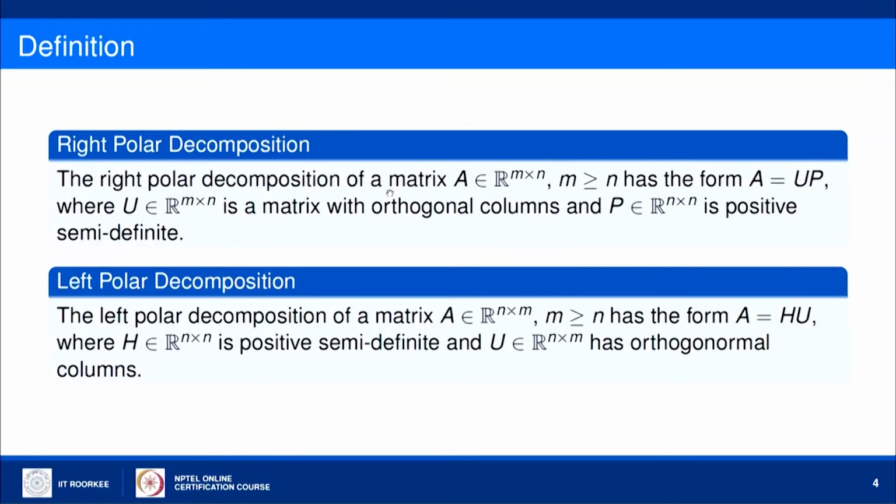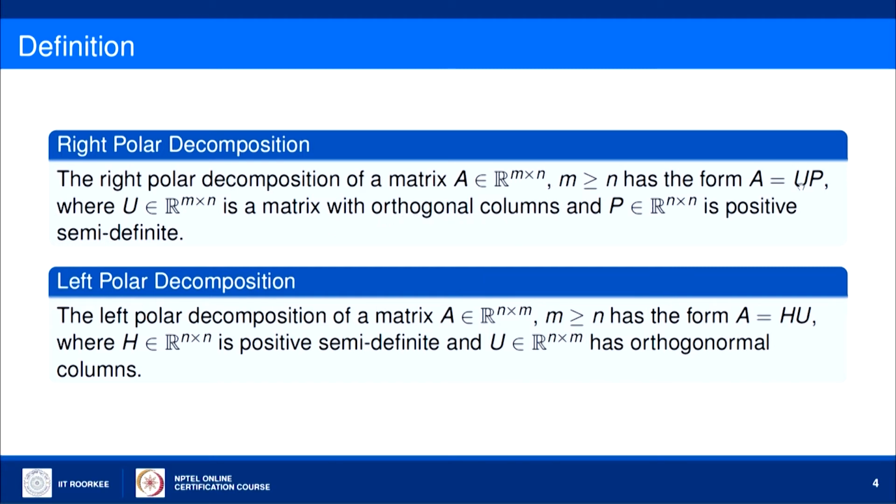There are two types of polar decomposition in the case of rectangular matrices, the right polar decomposition and the left polar decomposition. The right polar decomposition of a matrix A, which is an m by n matrix where m is greater than or equal to n, meaning you have more rows than columns, has the form A equals U into P, where U is a matrix with orthogonal columns.